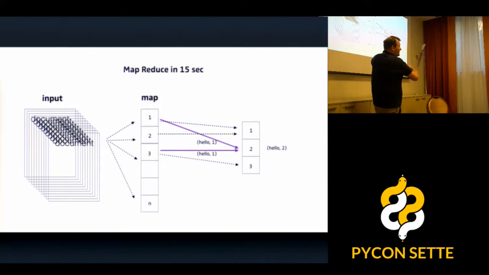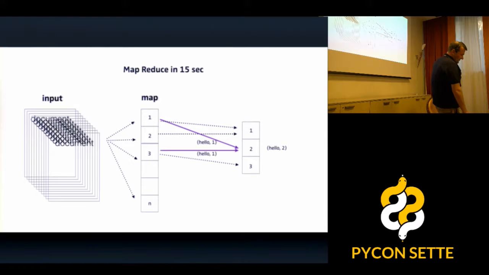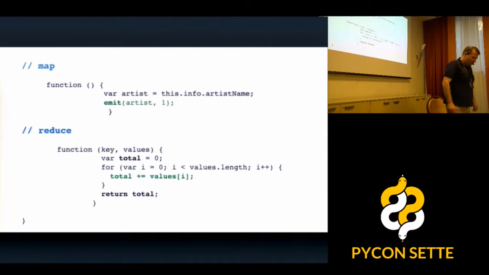We have many workers on servers, and then we emit our tuples to some other servers, or the same servers, depending on the setup, and they do summarization, counting and all the stuff. As you see, it's already sorted out which tuples go where. That's why I highlighted the 2 hellos: they all go to the second server here. But we don't want to go into more detail here.